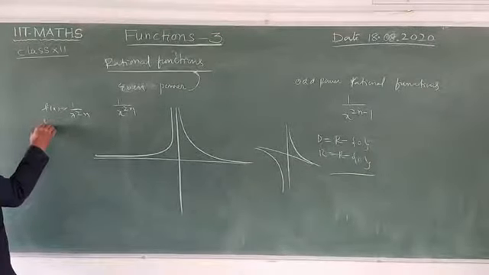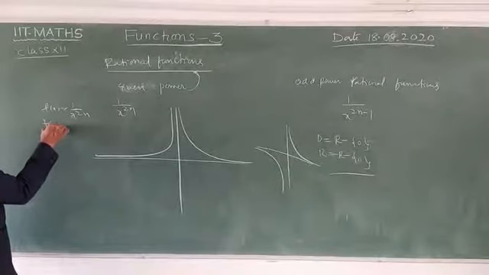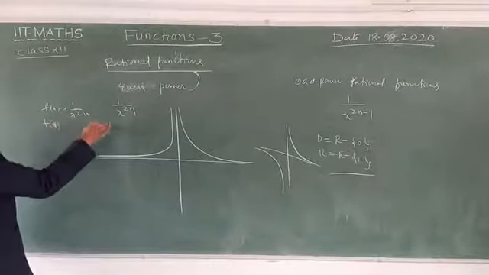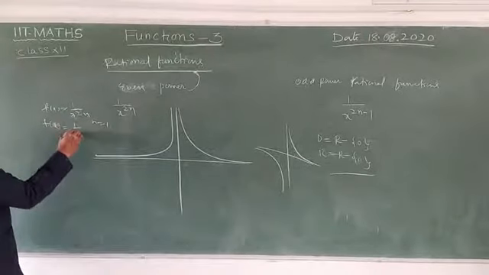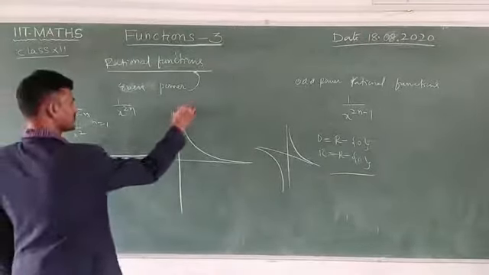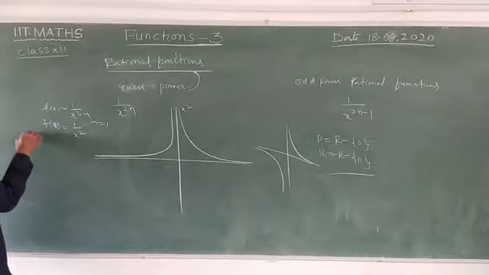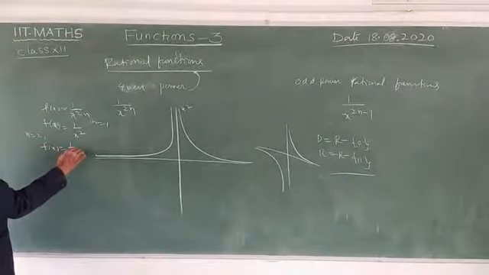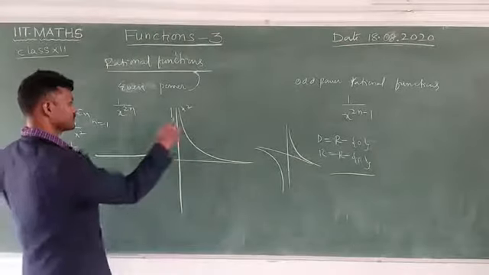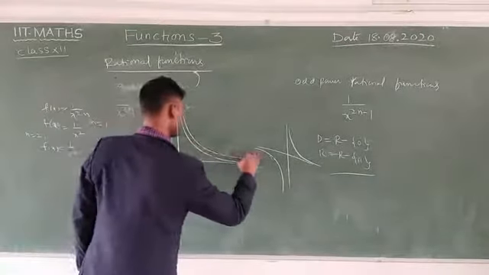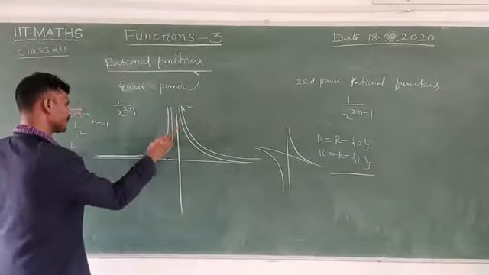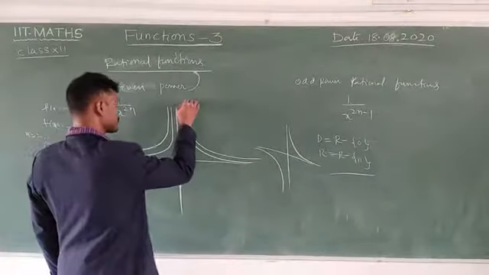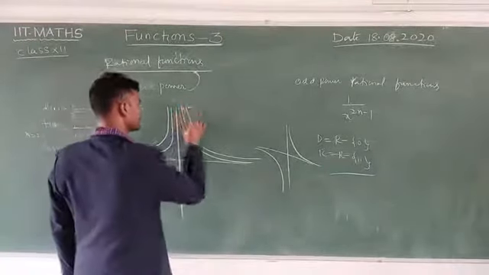Here n is equal to 1 means f of x is 1 by x square. Now n is equal to 2 means f of x is equal to 1 by x to the power of 4. This is symmetric with respect to the y-axis. Next you can take x to the power of 6.